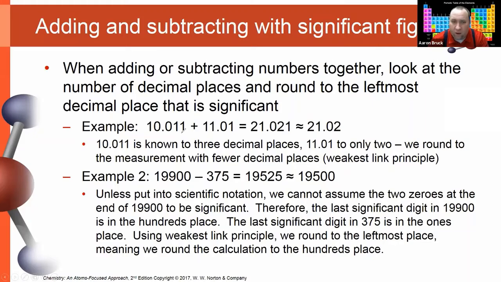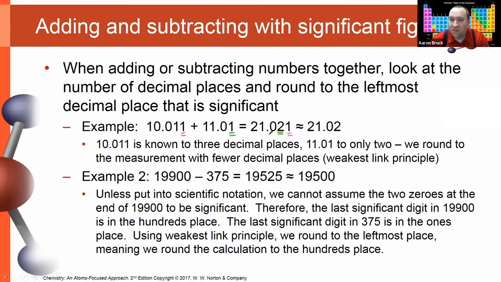Now, based upon what I added together, I can see that this 1 here at the end was an uncertain digit in the first measurement, and this 2 was an uncertain digit in the second addend.